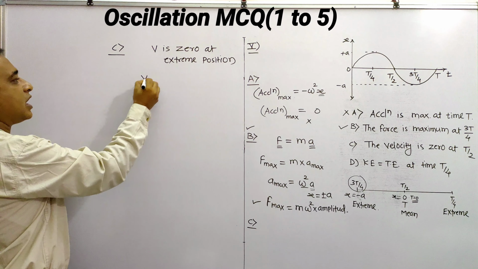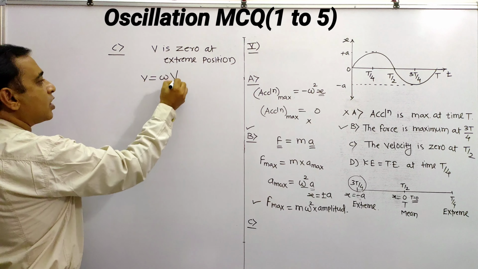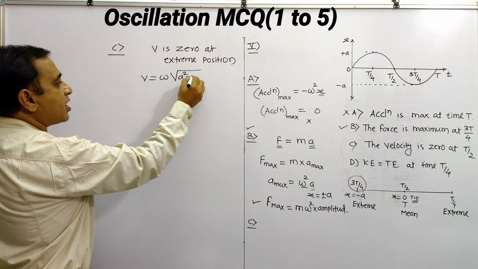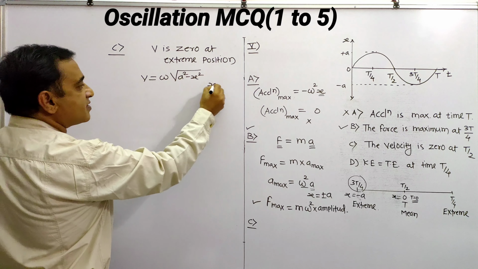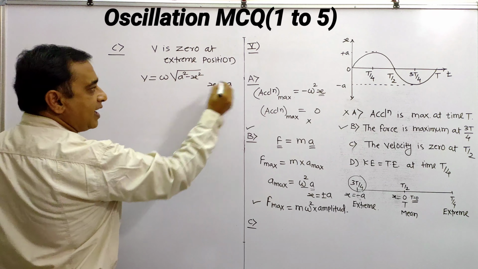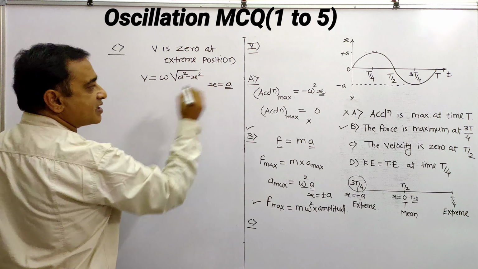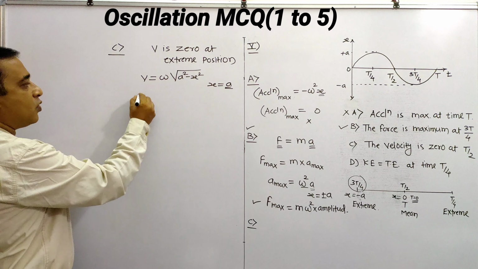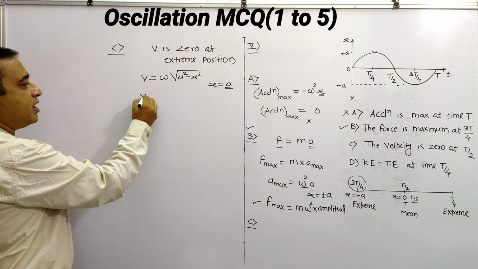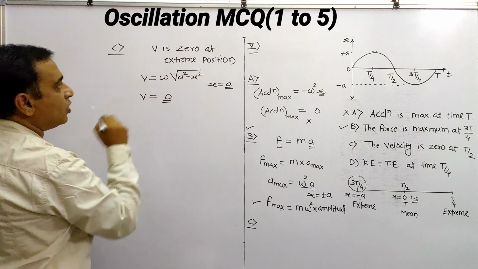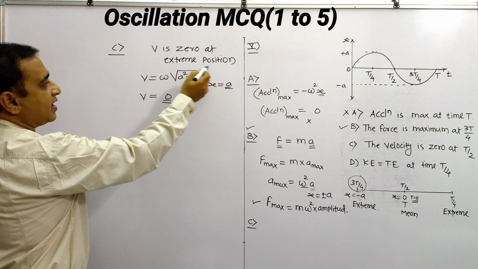Why? Because we know that V is equal to omega into under root of A square minus X square. If X is equal to A, that means it is situated at extremity, magnitude-wise. If we substitute X is equal to A, A square minus A square is equal to 0. That means V is 0 at extreme position.